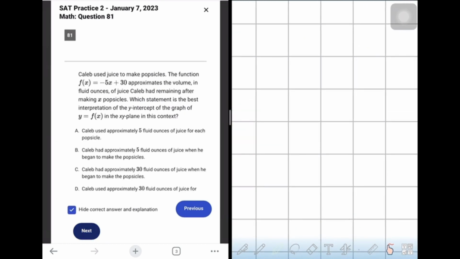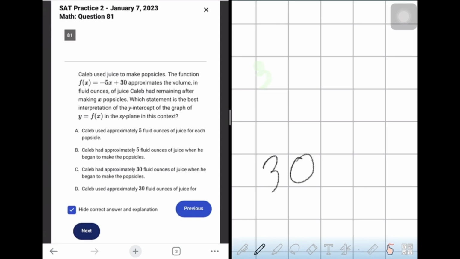Wow, this question is also very long. Now we will read it together. Well, you see, it said that later it will decrease, so 30 is like the initial value.